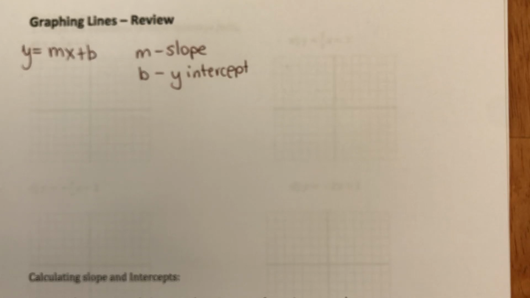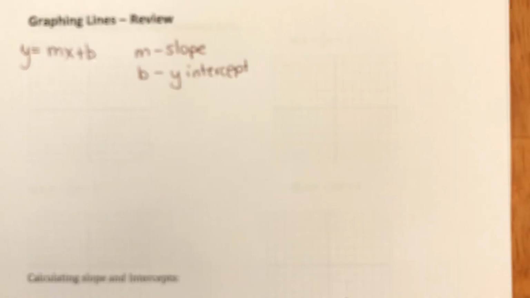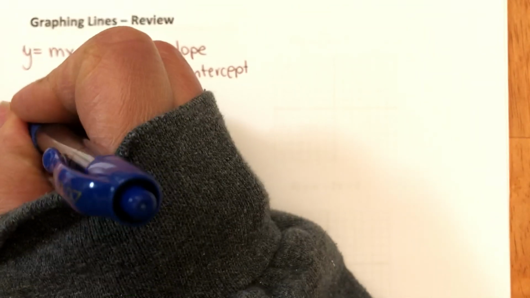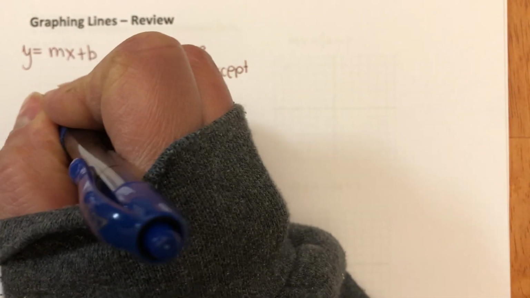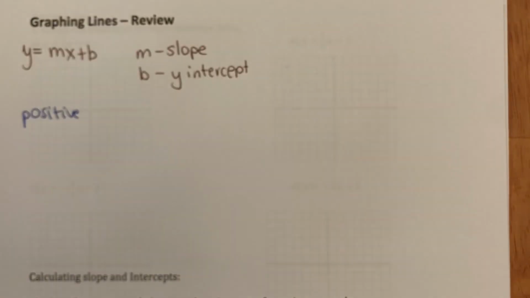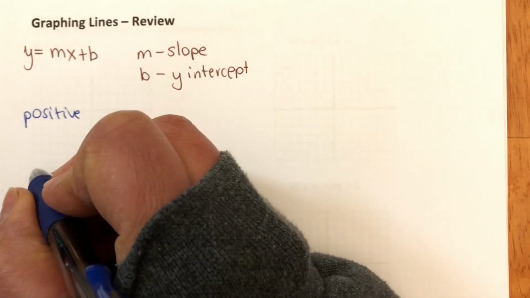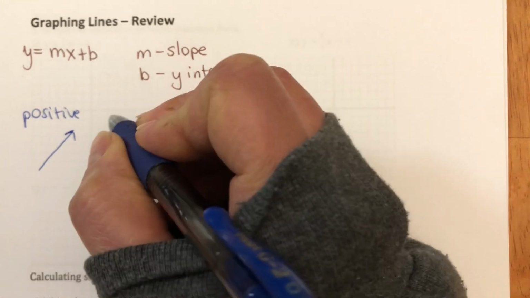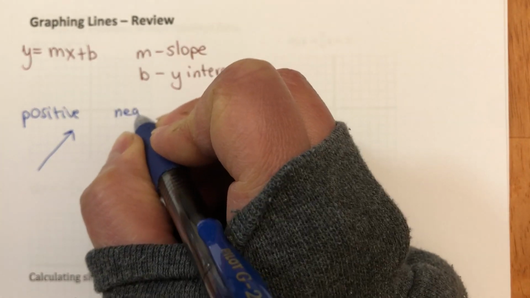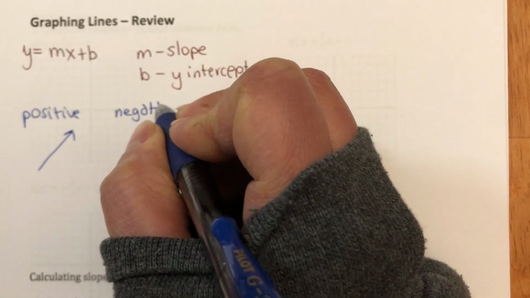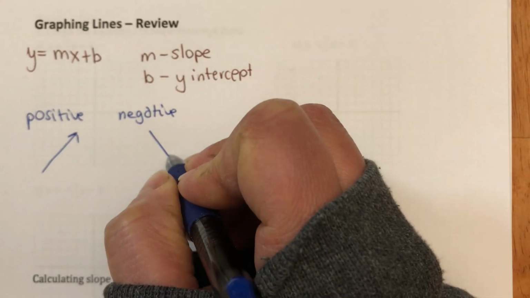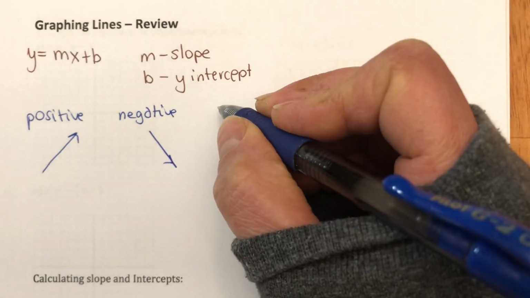When we are talking about the slope, there are 4 different kinds of slope. You can have a positive slope. So when m is positive, your line will look like that. When slope is negative, your line will look like that.